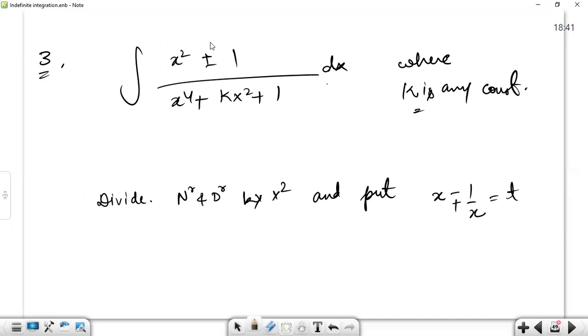So when this format is given to us, we will divide the numerator and denominator by x square. After doing so, we'll put x minus 1 by x equals t in the case when there is a positive sign in the numerator, and if there is a negative sign in the numerator, then we'll put x plus 1 by x equals t. Are you able to understand this? Yes, sir. Yeah. So let's take an example.